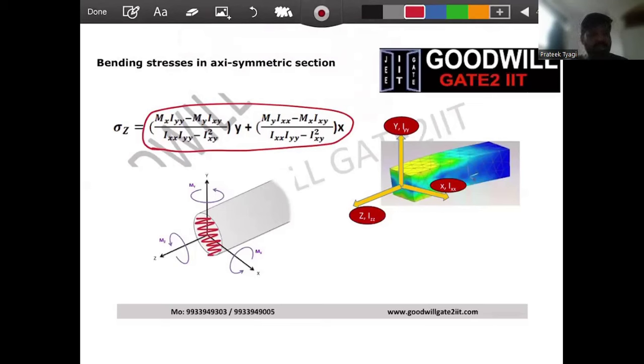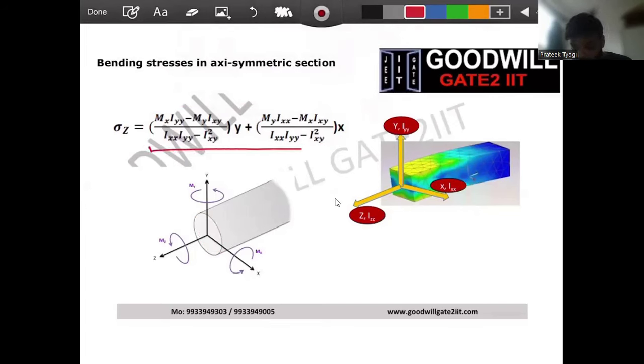This is one thing which should be crystal clear to everyone. I'll tell you what sigma z is later. But as of now, is it clear why the whole right-hand side is completely in xy? It has x and y terms, it has mx, my, and it has all the inertias about the xy plane.